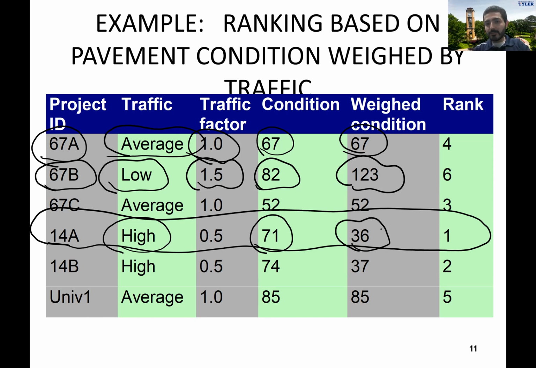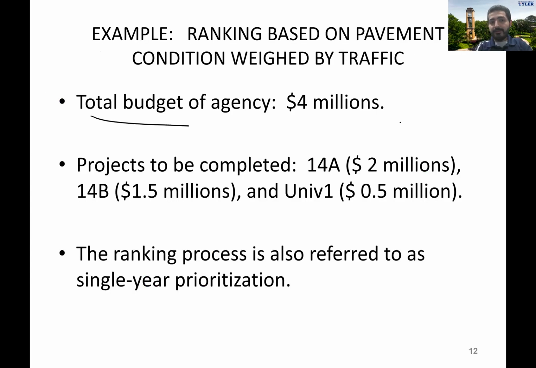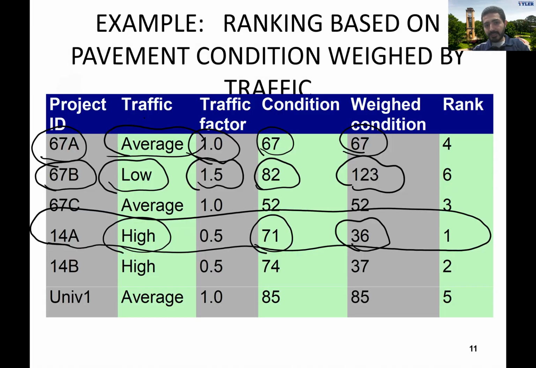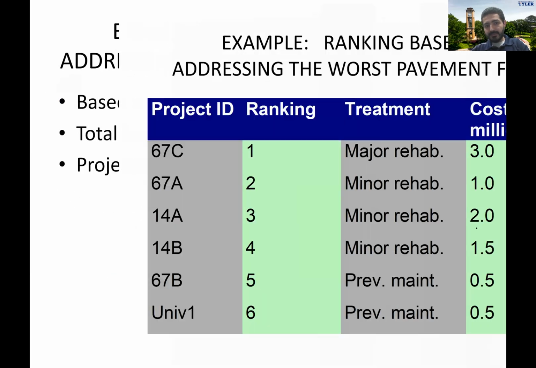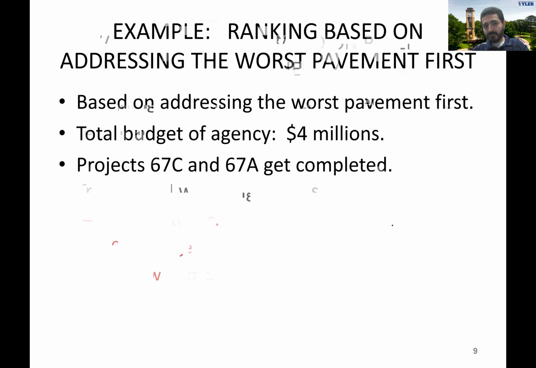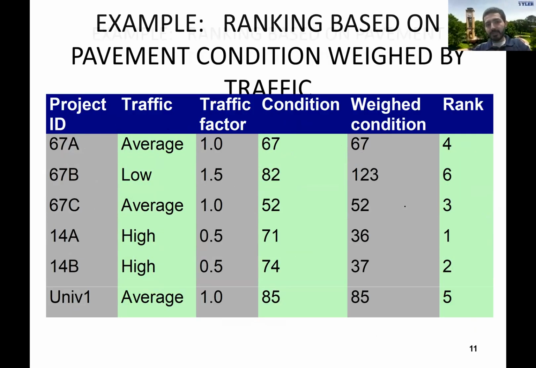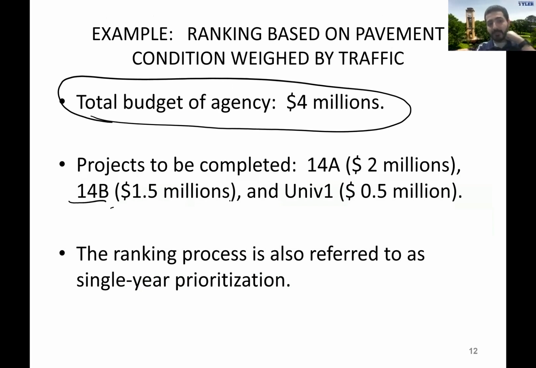So once we are doing the weighted condition and looking back at the same budget of $4 million, which is fixed, the projects to be completed are now three projects instead of two. Why? Because 14A, this is project number one, and if we recall previously, 14A needs $2 million, and the other two projects now considered are 14B, which needs $1.5 million, and University One, which needs $500,000.